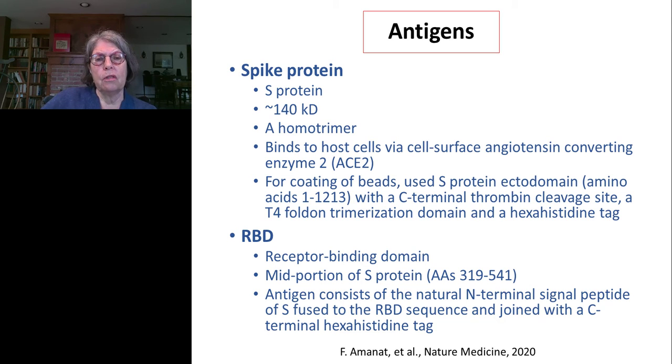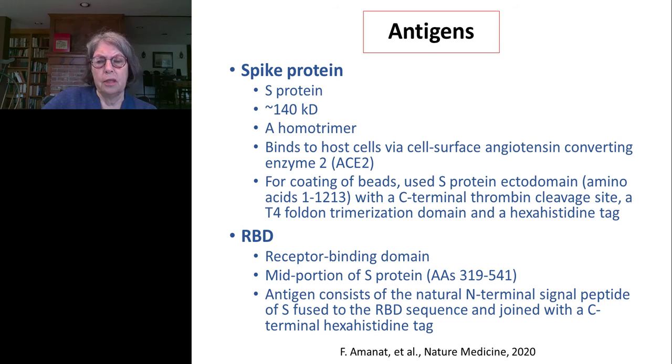Now, a portion of the spike protein that I showed you before in red in the previous slide is the receptor binding domain. This is an area of the S protein that consists of amino acids 319 to 541, out of the 1,213 amino acids.